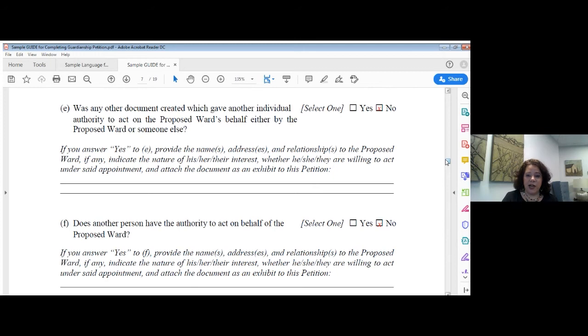They just are really trying to ask the question 14 different ways to really cover their bases, because like I said, these petitioners, the proposed guardians and conservators aren't always with the best of intentions. So they just are really trying to look and see, you know, making sure no one's being skirted or left out of the loop here that needs to be included. So that's what all these questions are about.